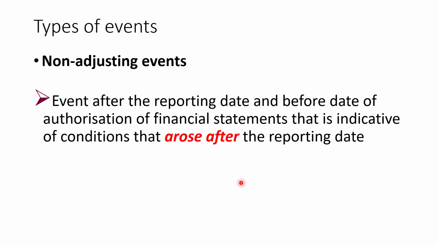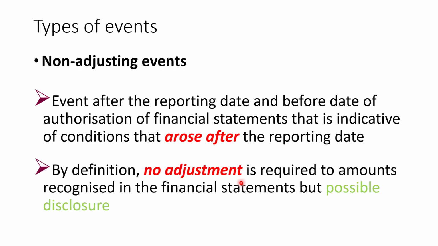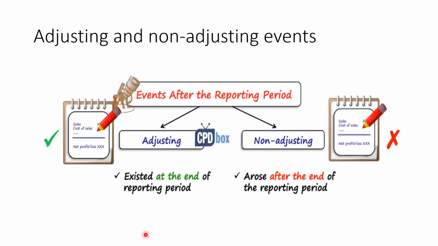No adjustment is required for a non-adjusting event, but possible disclosure. According to the standard, you have to disclose a non-adjusting event, but don't change the financial statement to reflect it. Very simple as that.